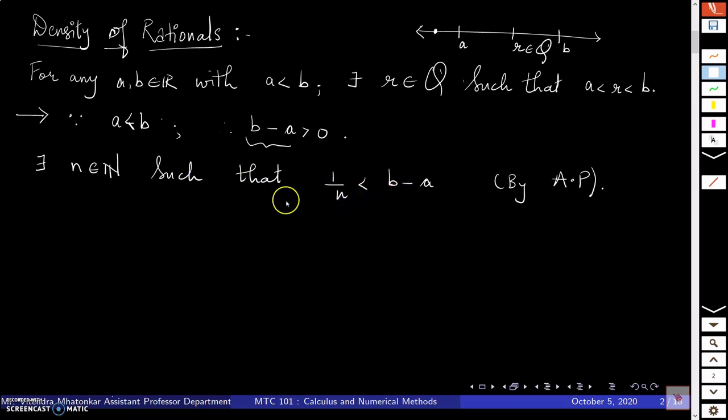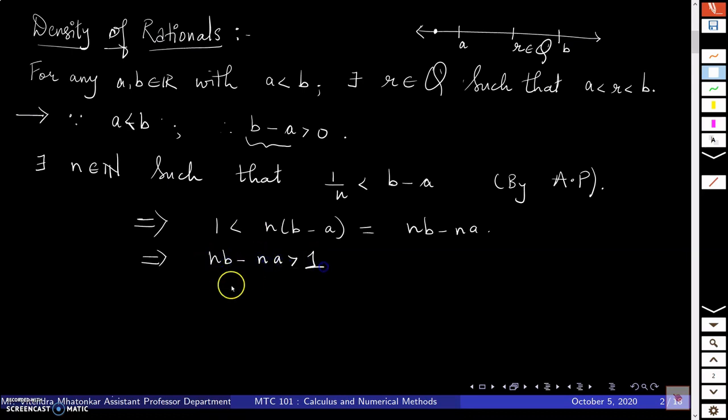So n is a natural number, so it's positive. So I can multiply n on both sides and the inequality will remain the same. So this implies 1 is strictly less than n times (b minus a). And if I open up, this is nb minus na. So finally what I have is that this difference of these two numbers, nb minus na, is strictly greater than 1.